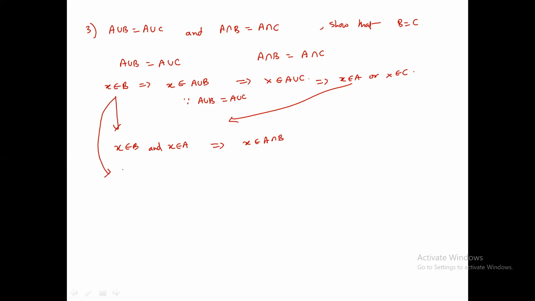Similarly, we have taken X belongs to B, X belongs to A. Because X belongs to A intersection B, and A intersection B is the same as A intersection C, that implies X belongs to A intersection C also.